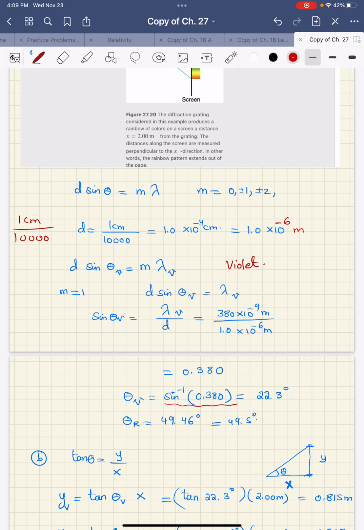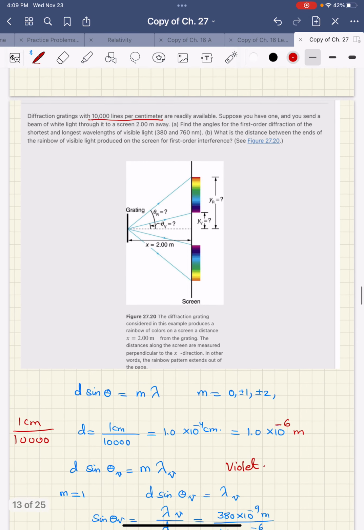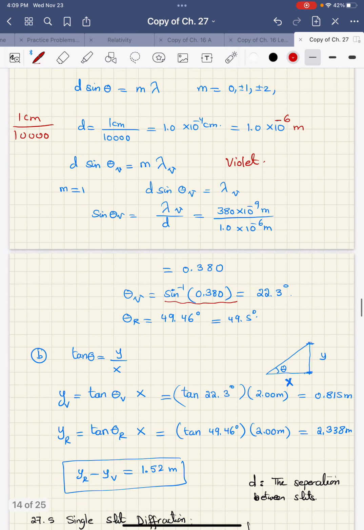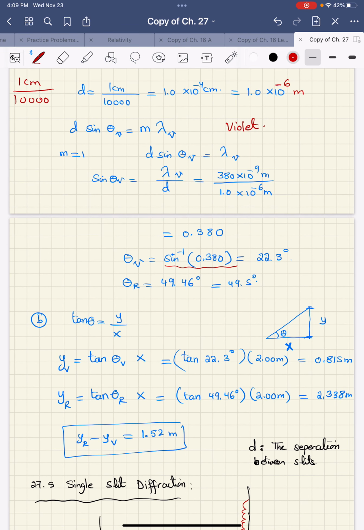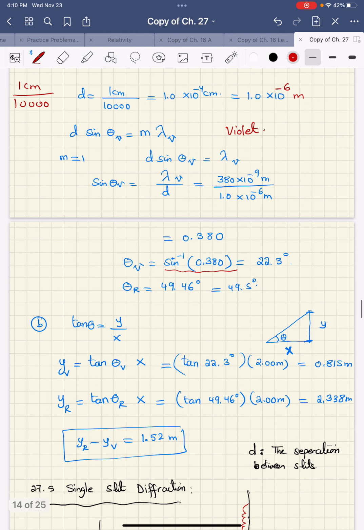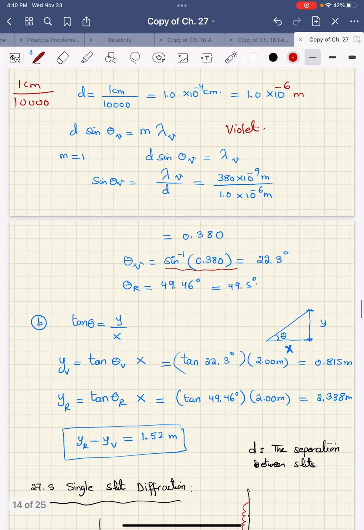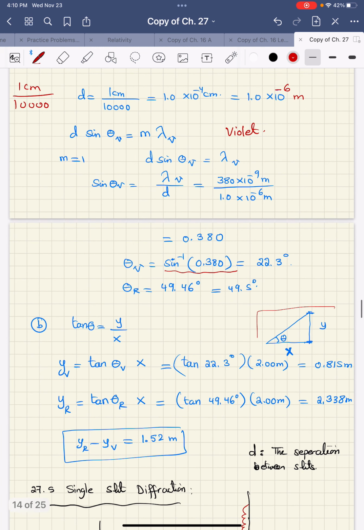We can repeat the same calculation for the red light using the other wavelength, which is 760, and from that we're going to get 49.5. Now, for calculating the distance, we can first use that equation to calculate y for the violet.